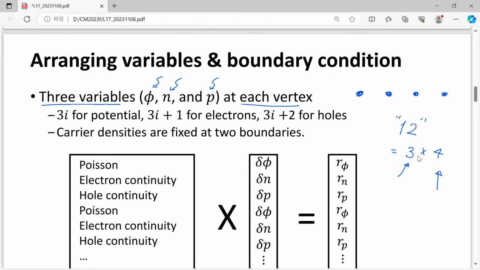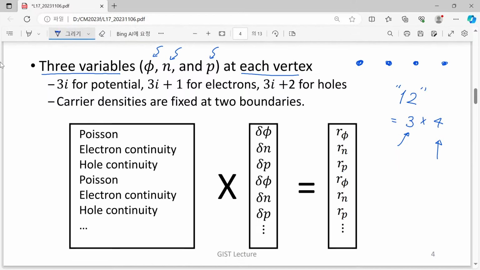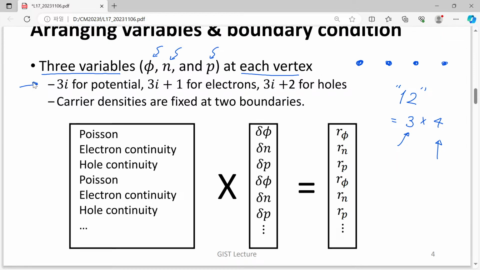So how can we make the grand system containing all of these potential, electron density, and hole density values defined at every position? Here we have one possible way. Of course, this is not the only way we can arrange our variables, but let me just make some unification.